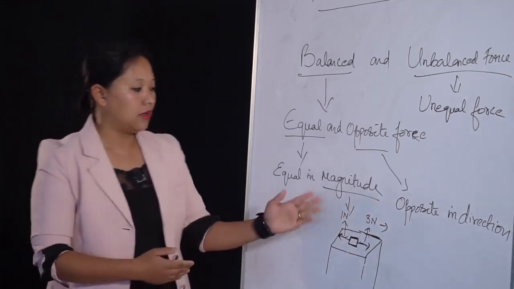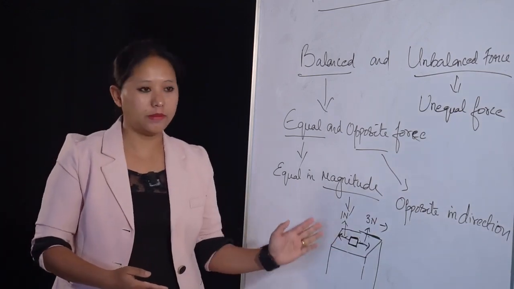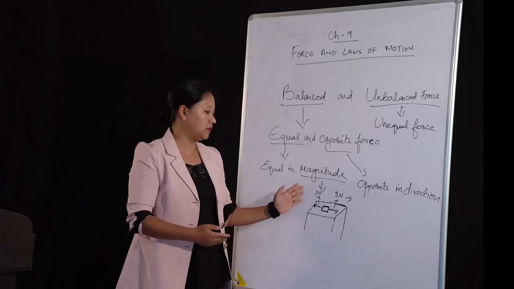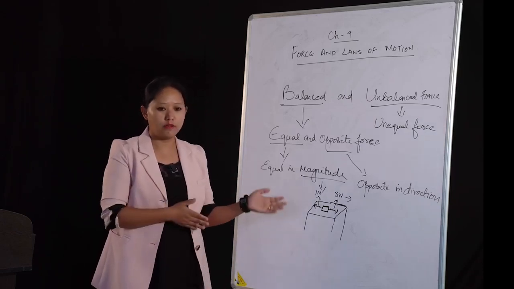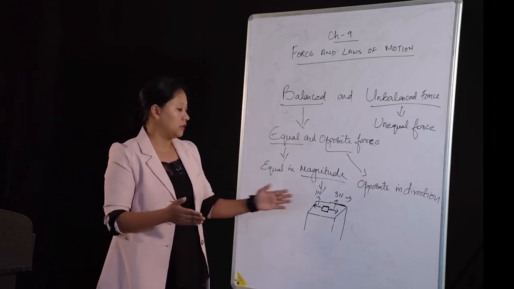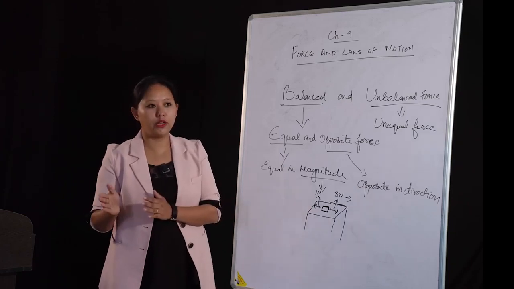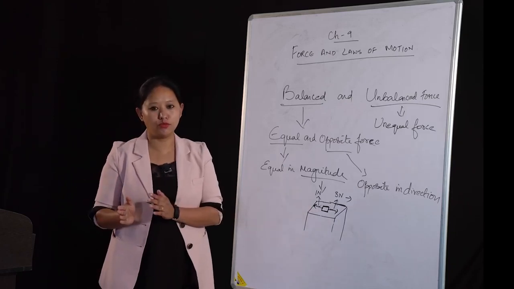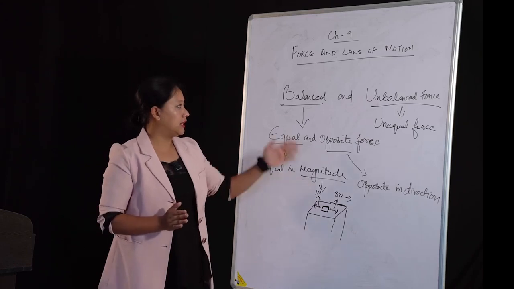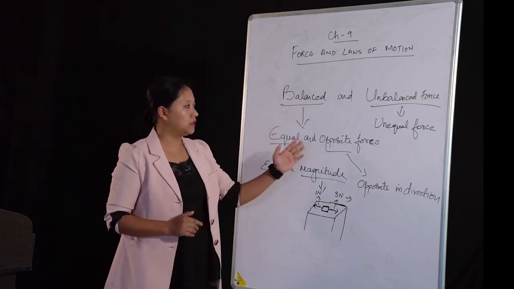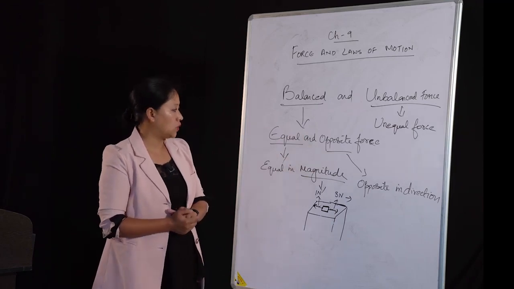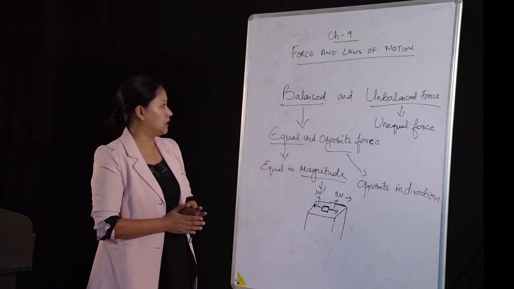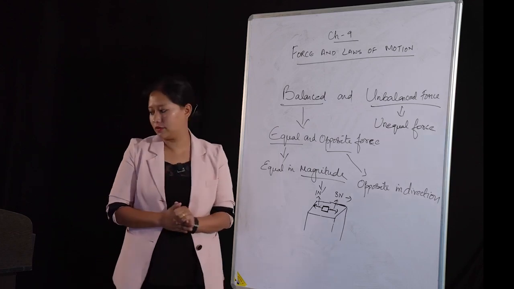If we try to pull, the magnitude is different, one side is greater or lesser than the other side, so definitely the block tries to move in the direction where there is a greater force. So we can say that balanced force is equal and opposite force, and unbalanced force is unequal force. I hope you are clear with balanced force and unbalanced force.